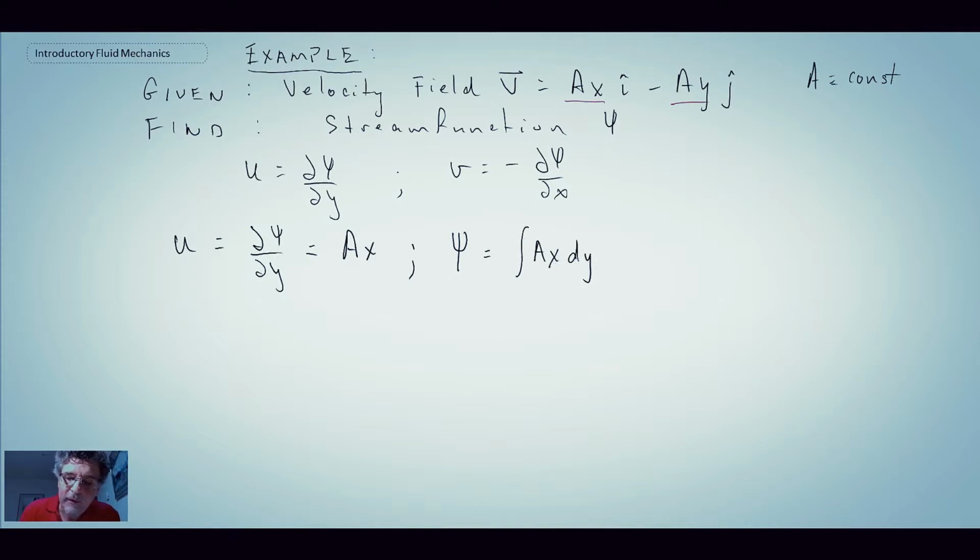We get the integral of ax dy, and when we integrate that, we get axy plus some constant of integration. Here I'm going to say that it's a function of x, because notice we're integrating with respect to y, so really it could be a function of x or it could be a constant. At this point it's unknown.